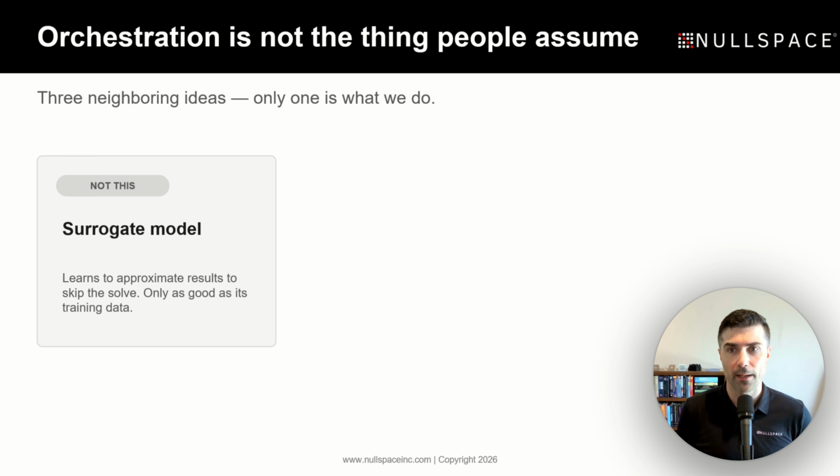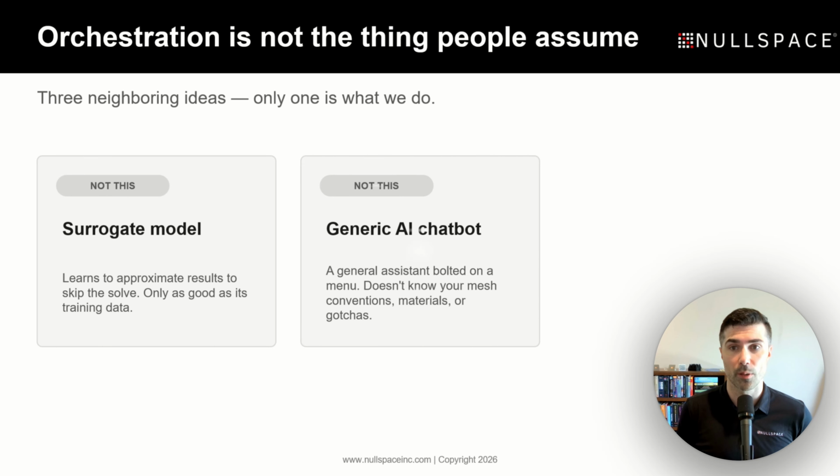We're not doing that. Every result you see in this series comes directly from the real space method of moments solver. Second, it's not a generic chatbot that's bolted onto a menu. A general purpose assistant like that doesn't know anything about meshing requirements, material models, or some of the gotchas that make an EM simulation succeed or fail.